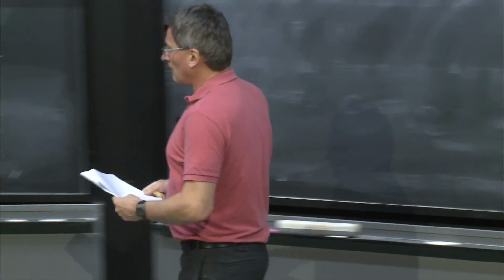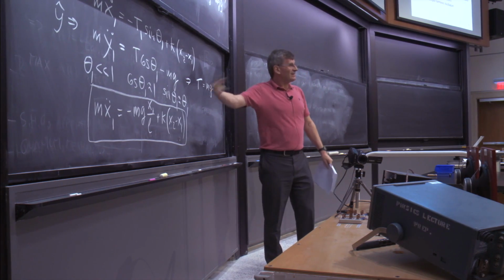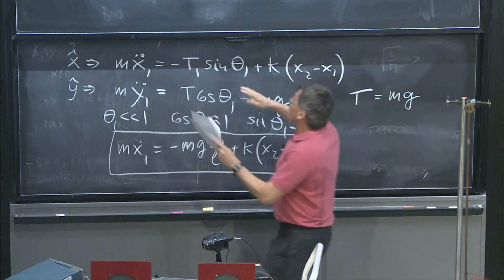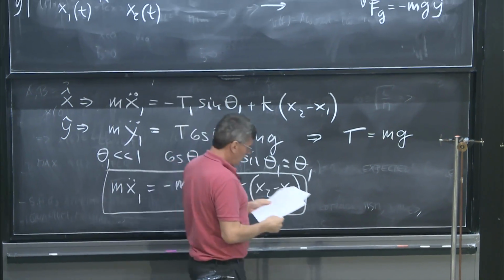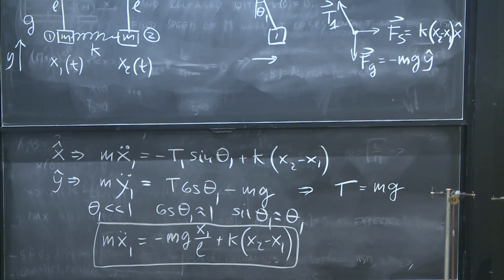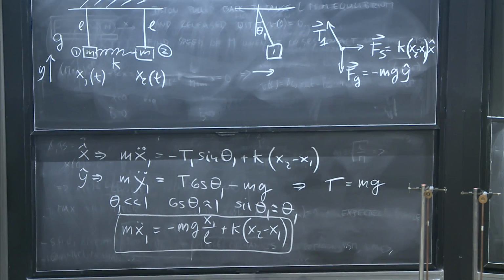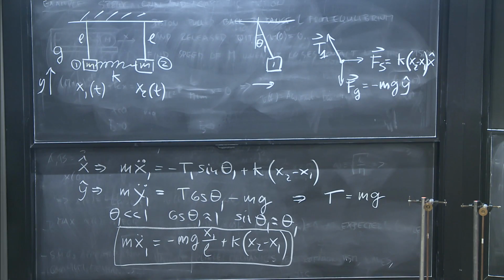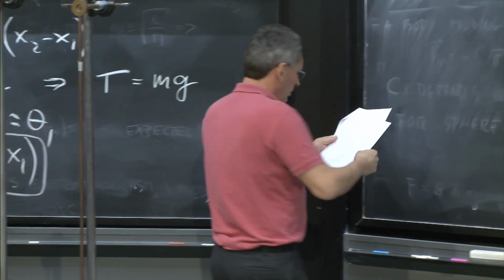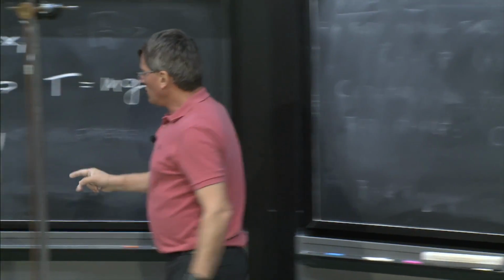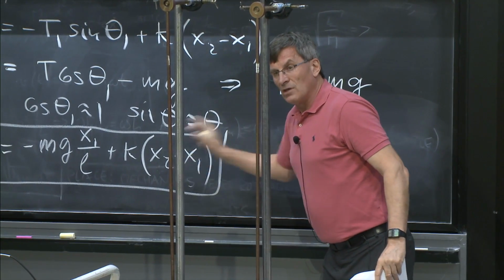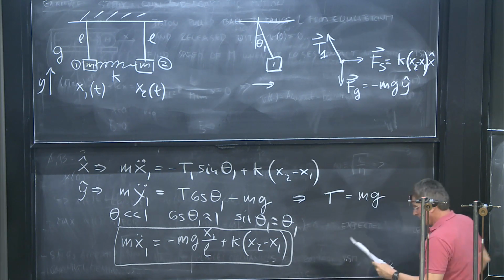So we can repeat exactly the same calculation focusing on mass 2, and the equation you will get will be very similar. Let me just slightly rewrite this equation to combine all the terms which depend on the position of mass 1 with terms which depend on mass 2.